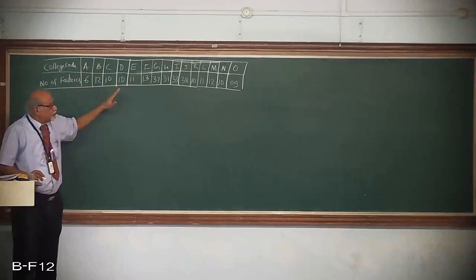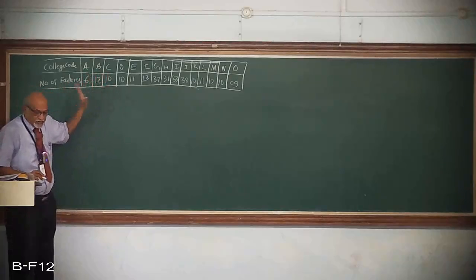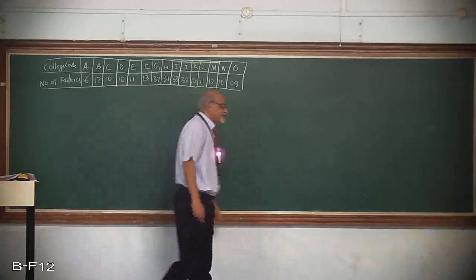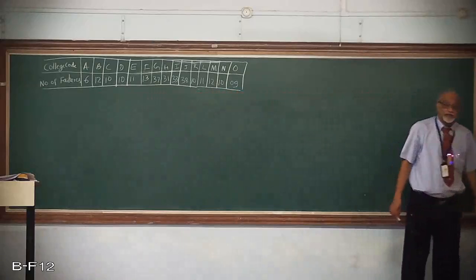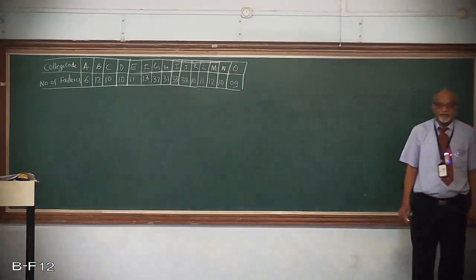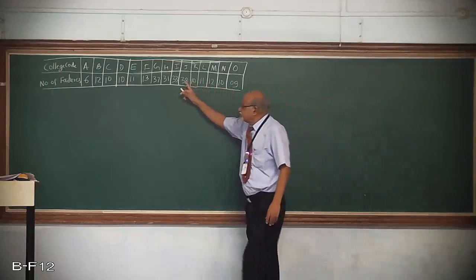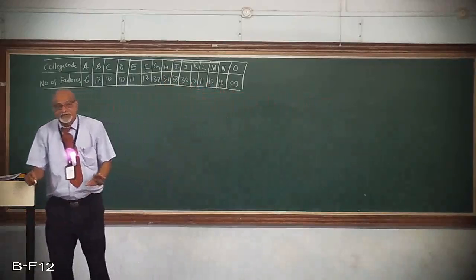But what we are going to assume here is that the students appearing for the examinations from each college is almost the same. It doesn't differ. Otherwise, these values will not have any significance. This is what we need to analyze.